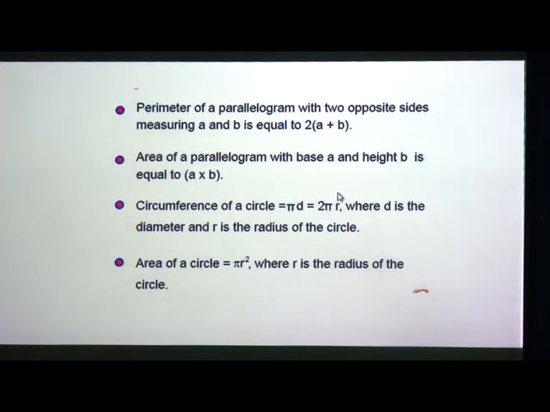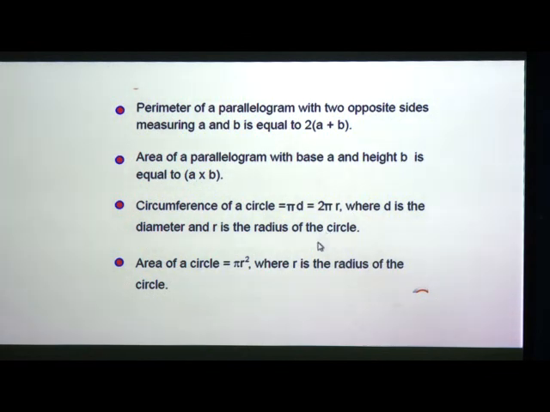So, always the standard value of pi will be given to you in the statement. It will be 22 upon 7 or 3.14. So, it will not change. So, 2 multiplied by pi into r, where d is the diameter and r is the radius of a circle.